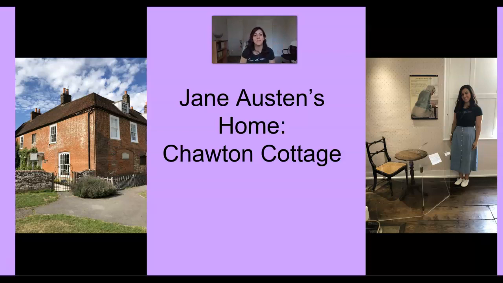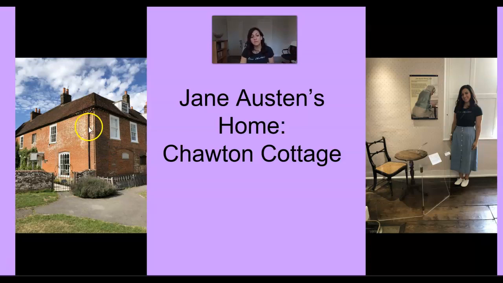Right before the pandemic hit, I went along with my friends, my sister, and my niece, and we went to Jane Austen's little cottage. It's called Chawton House, and she lived in an extension of that house. It's kind of like a little back house, and it was called a cottage.